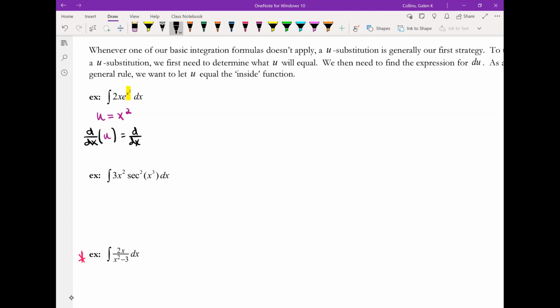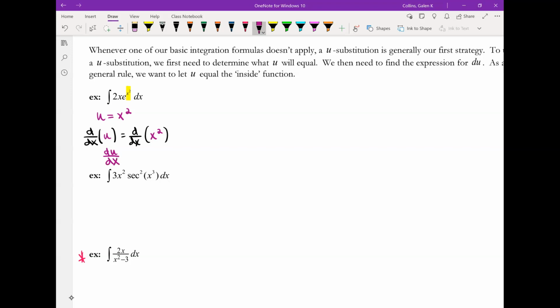Typically we won't show this work, but just for this first example to understand how we get du, let's look at it. On the left, if I take the derivative of u with respect to x, that's implicit differentiation since u is not x, and we get du dx.